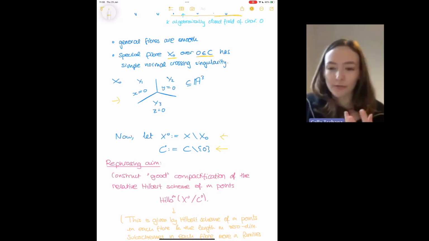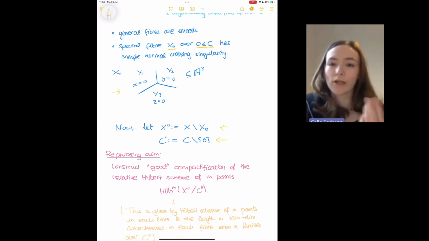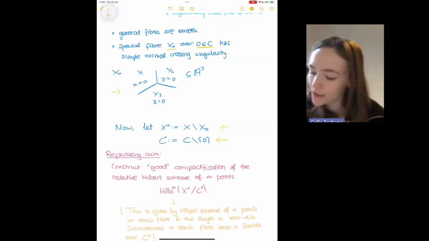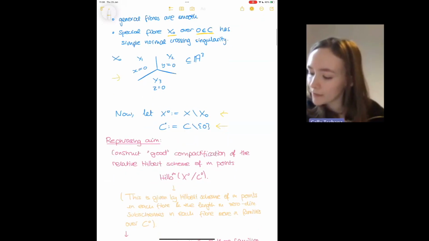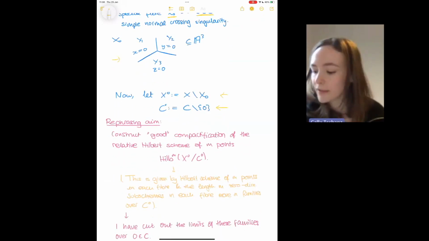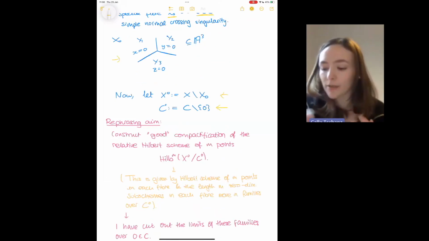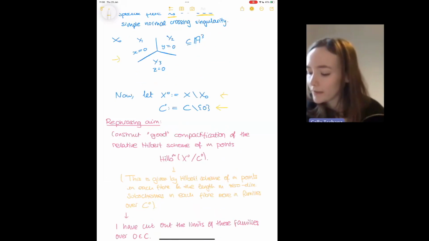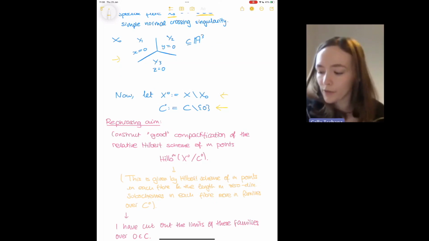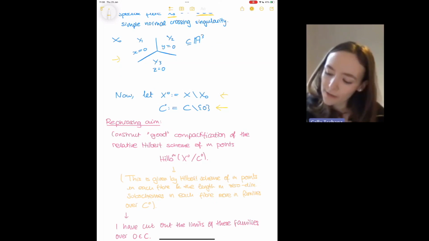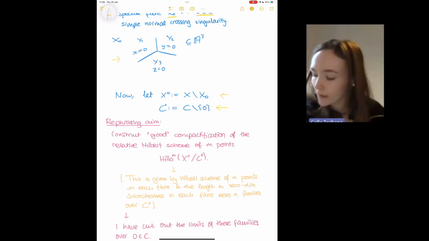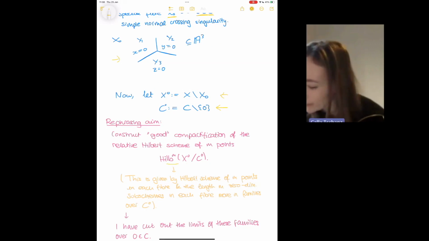And now I can rephrase the aim of this project in terms of compactifying. Given this setup, what I'm trying to do is construct some good compactification of the relative Hilbert scheme of m points written down here.